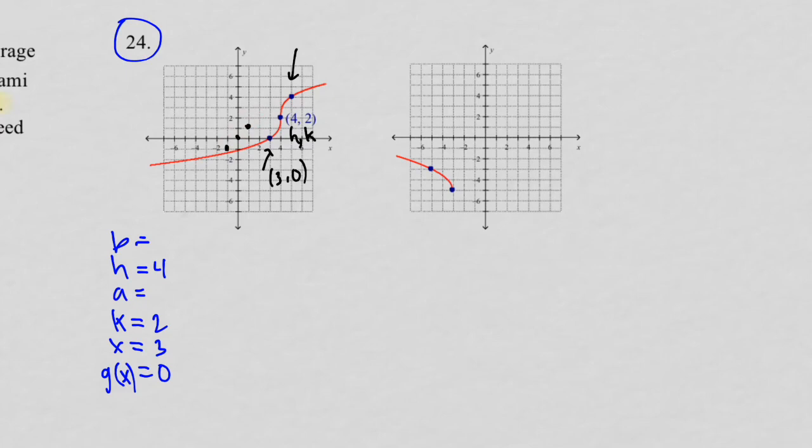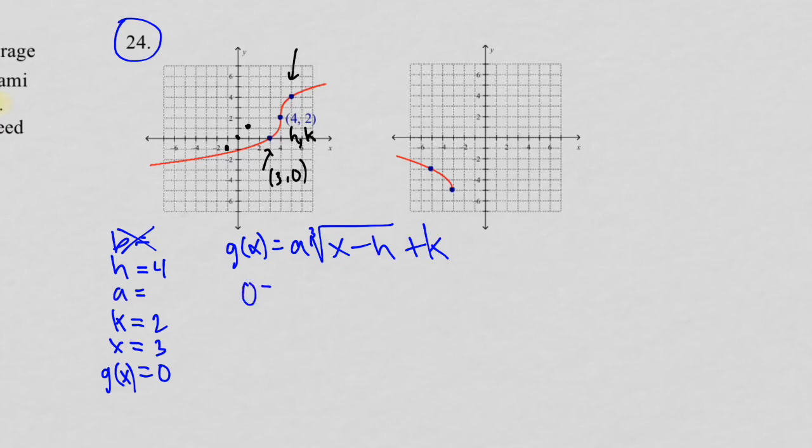We're not going to choose B. We're not going to worry about it. We're going to solve for A. Knowing that this is a cube root function, I'm going to write my general form: g of x equals A times the cube root of x minus h, plus k. That's what I'm solving for. Now I'm going to plug in my values.